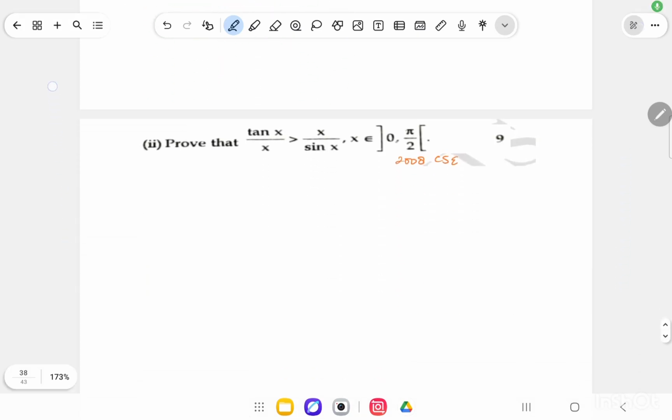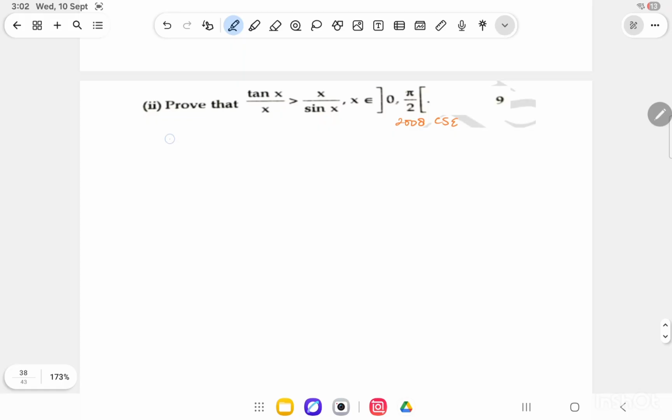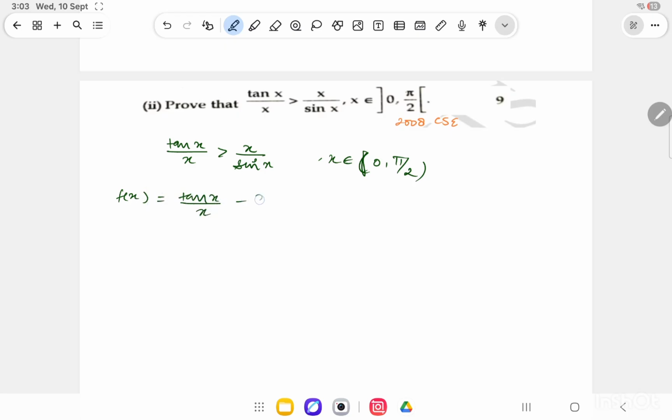In the next question we are supposed to prove this relation that says tan x by x is greater than x by sin x for x in the open interval 0 comma pi by 2. So to prove this, let me assume a function f(x), that is tan x by x minus x by sin x.